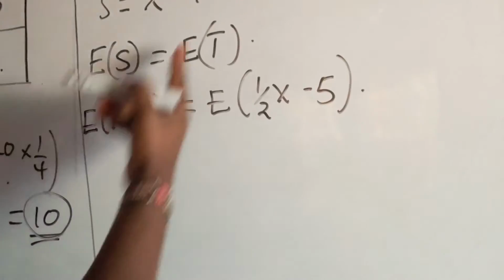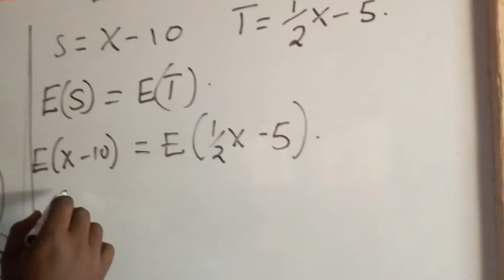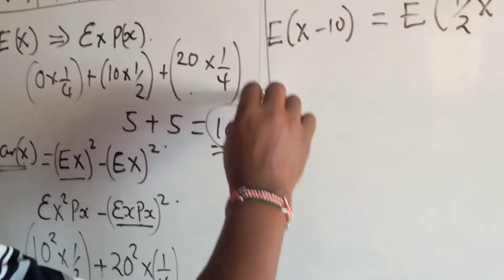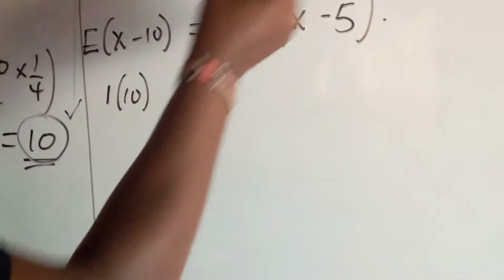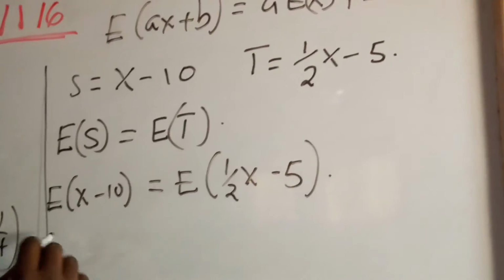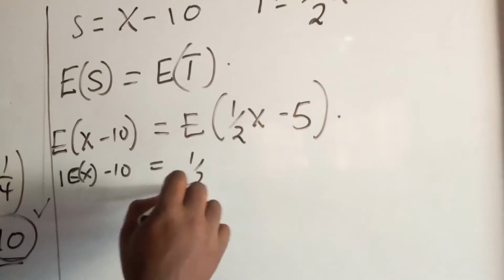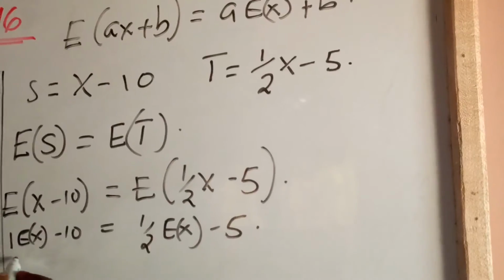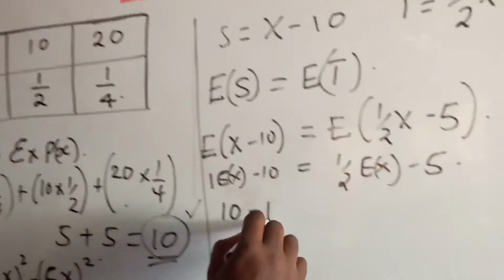When we substitute into this formula, the a is 1, so 1 times E(X), which is 10, minus 10.